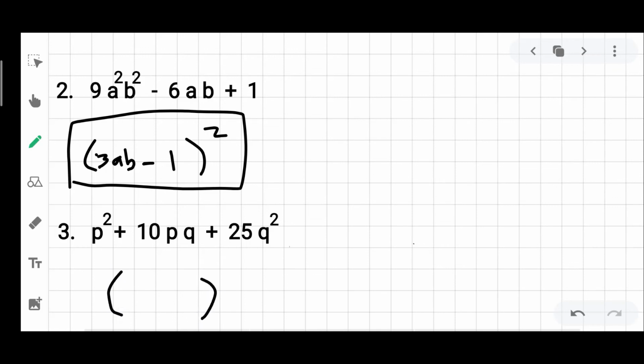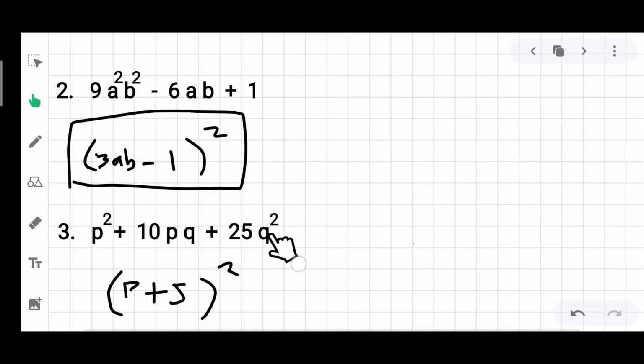Maglalagay tayo ng open and close parenthesis, then write squared at the top. So, p squared. Ano ba ang square root ng p squared? That is p. So, dinivide ko lang yung exponent into 2, so p na lang yung natira. Then, since pareha sila ng sign, we have positive. Then get the square root of 25, which is 5.